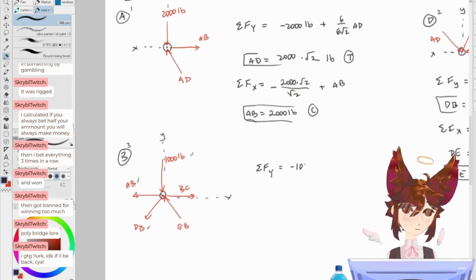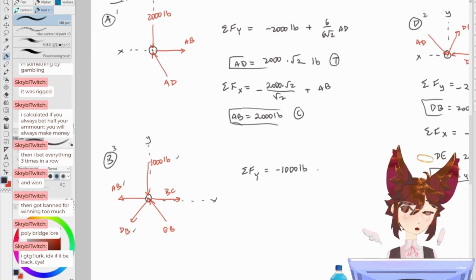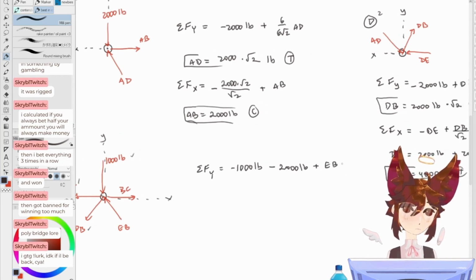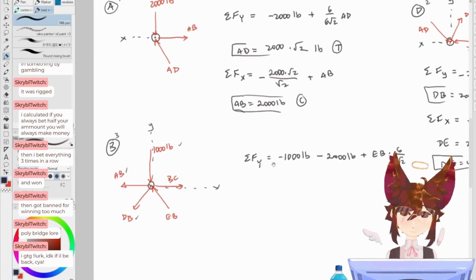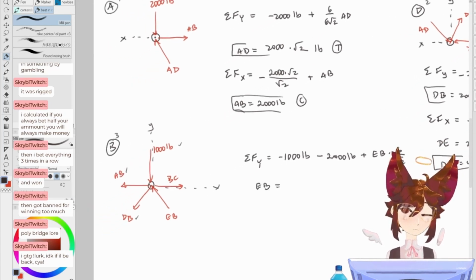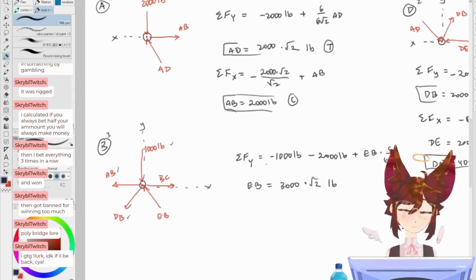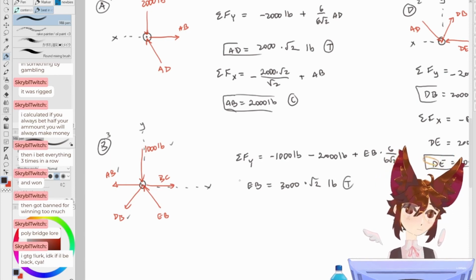So we'll say negative 1,000 pounds minus 2,000 pounds plus EB times 6 over 6 root 2. So EB equals 3,000 pounds, or 3,000 times root 2 pounds. And if EB is pushing, it's going to get pulled, tension.